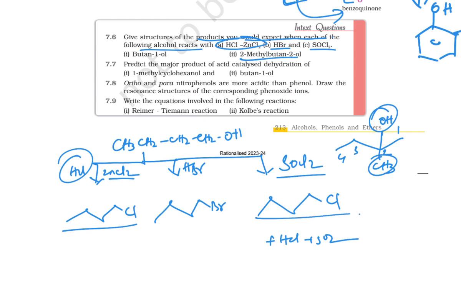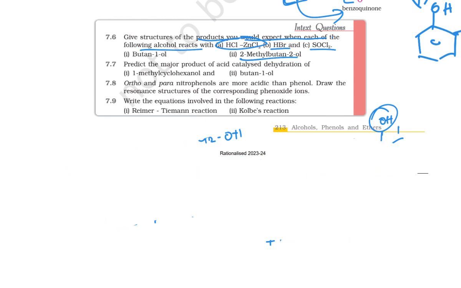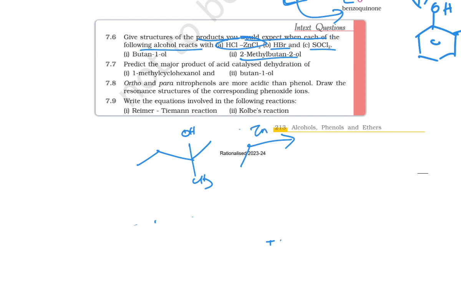Okay, so then when it reacts with your 2-methyl butan-2-ol, this is your 2-methyl butan-2-ol. When it reacts with zinc chloride and HCl, what is the product going to be?